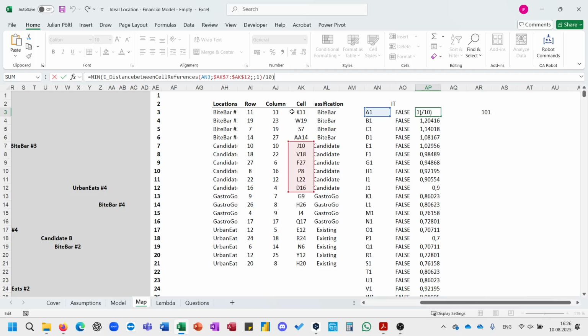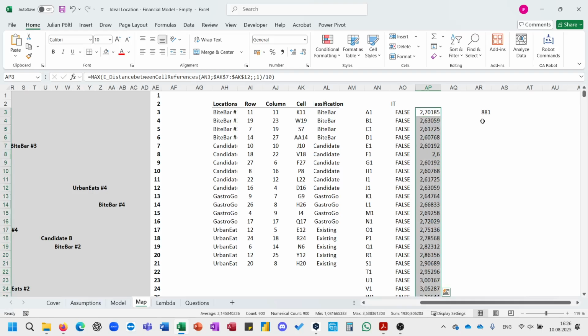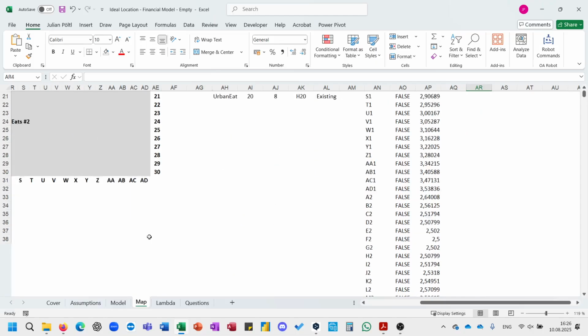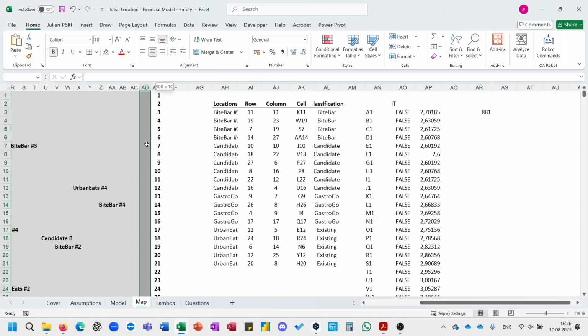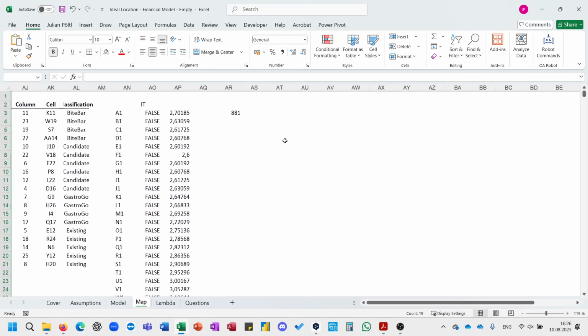Is it the minimum or the maximum? It needs to be the minimum, I think. Yeah. Here are 900 cells.